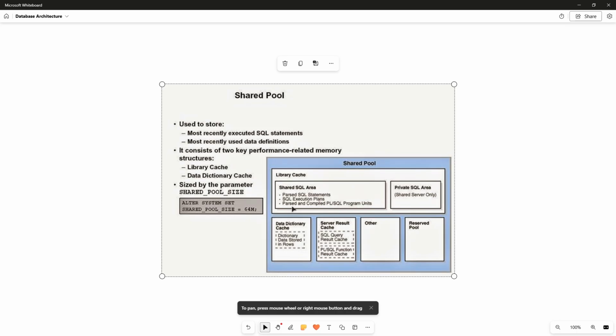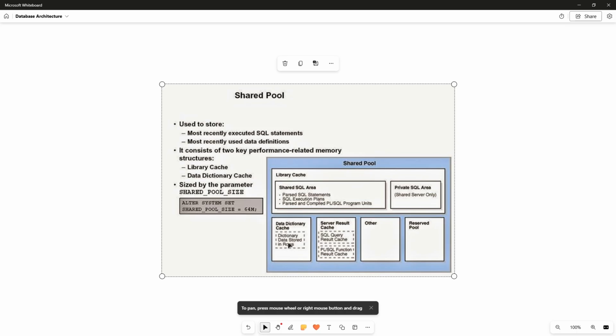And then you go to the private SQL area. This is in the shared server only. If it is a dedicated server, this will not come. Okay, and then dictionary cache.